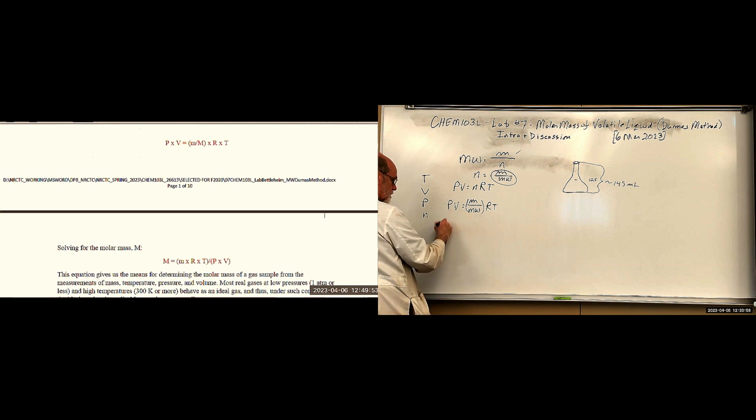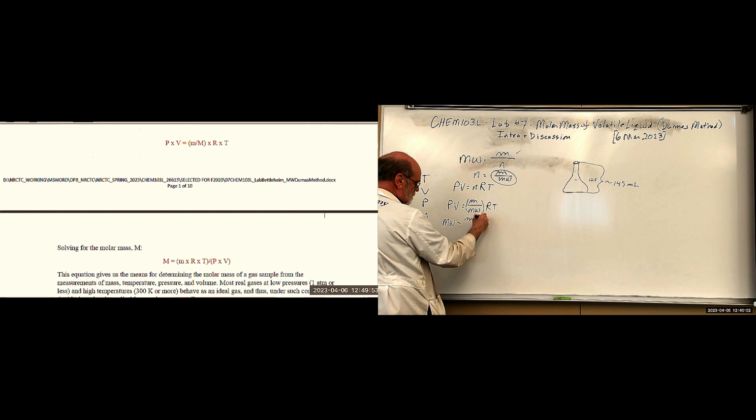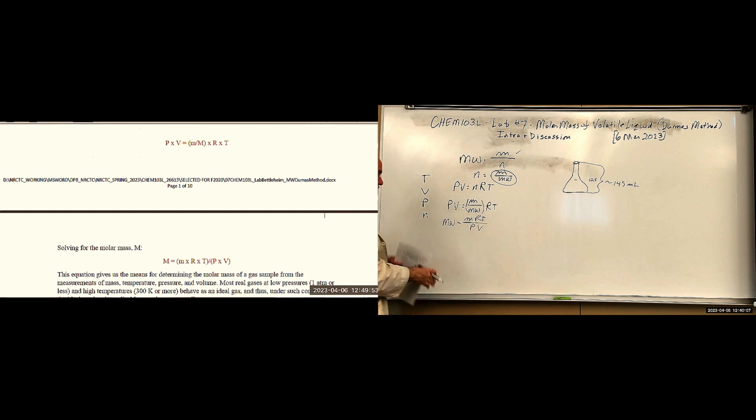So just bring this one over here, and bring these two over here. And you can solve for the molecular weight in one equation. Or you can do it in two. It doesn't matter really. But with one calculation, you can get the molar mass of this gas.